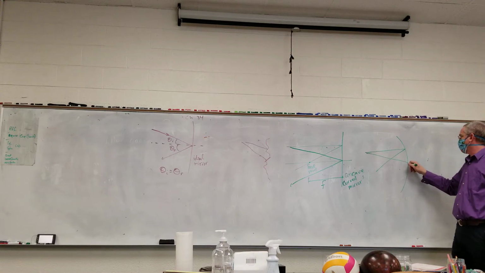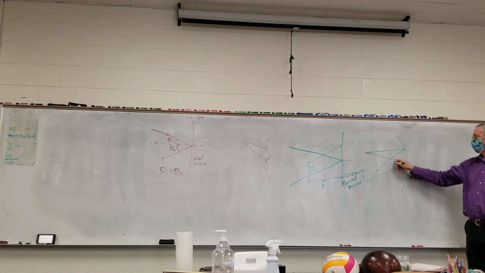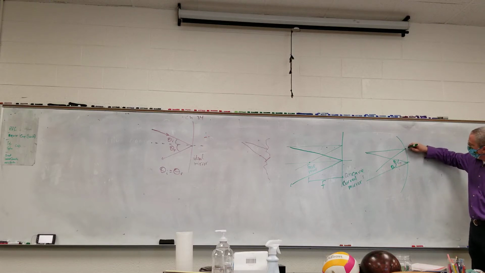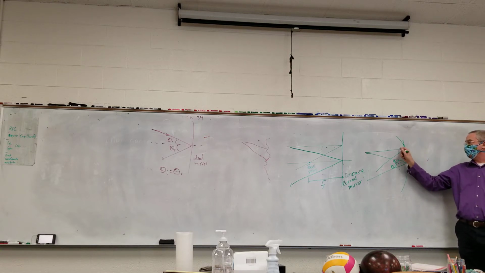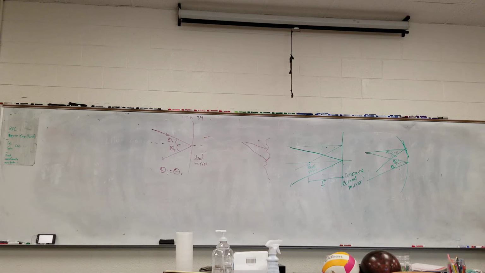Light that goes through the center, there's my angle of incidence, my angle of reflection. Well, the same thing's happening here. If I draw a line that's tangent to my curve, then that angle of incidence, called theta I2, is going to be equal to that angle of reflection, theta R2.